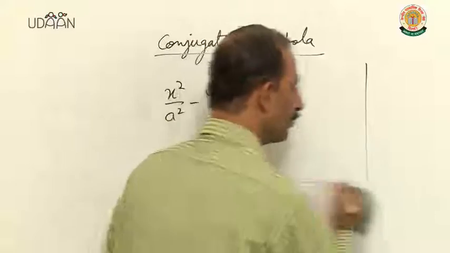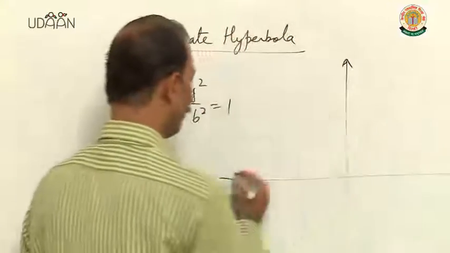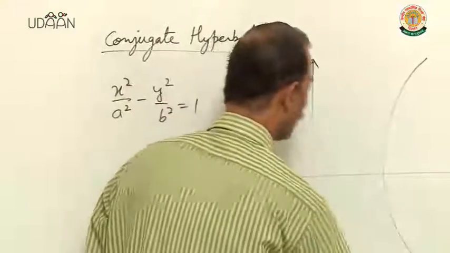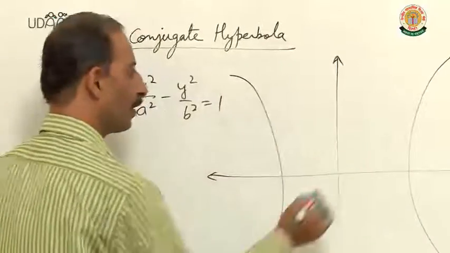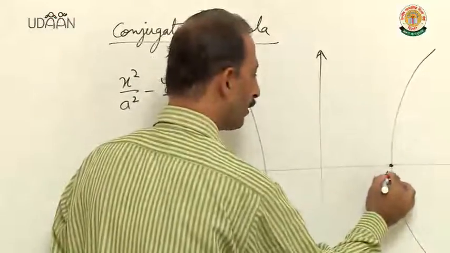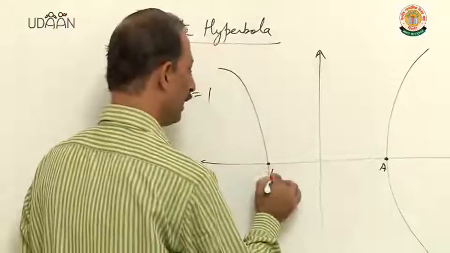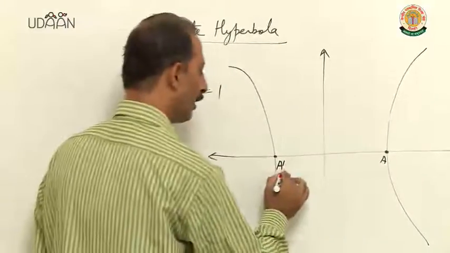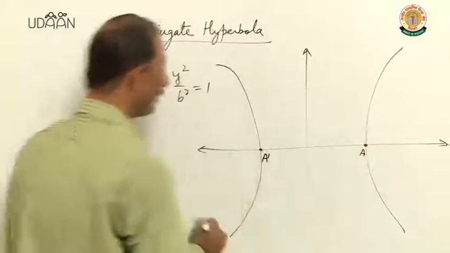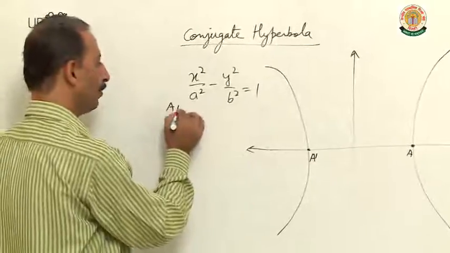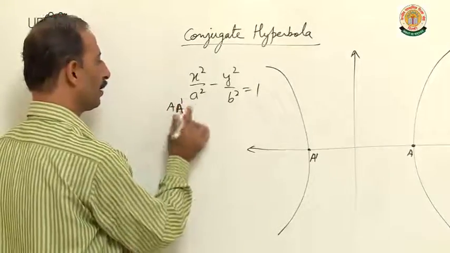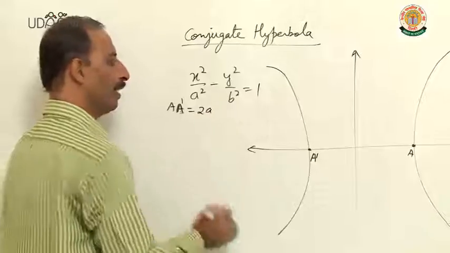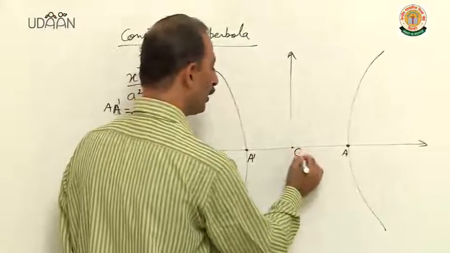What type of diagram will you get? This type of shape. This point is the vertex A, another vertex A dash. This length you already know, A A dash, its length is 2a. This is the center whose coordinates you already know.